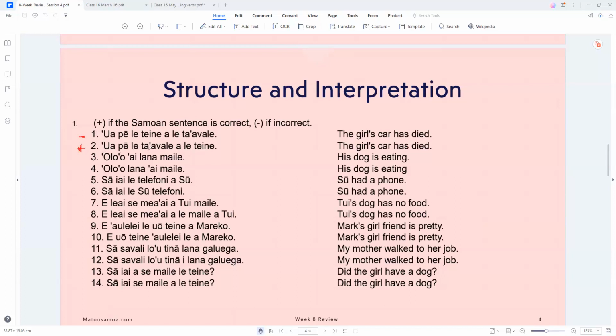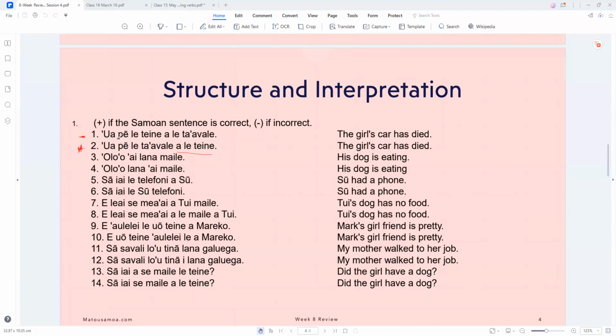Uape letavale. This is the doer of the action has died, and it's the car. The car has died, and then we're talking whose car is it? Alitane. So of the girl, the girl's has died. The car of the girl. So this one is correct.